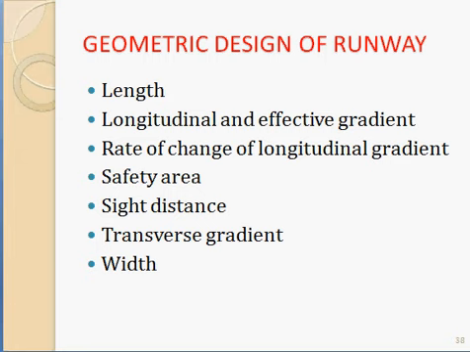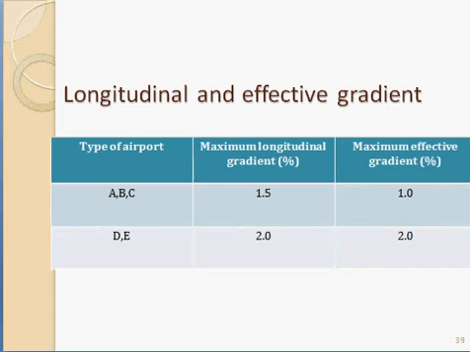Then next is longitudinal and effective gradient. We have already discussed what longitudinal gradient and effective gradient are. As the longitudinal gradient increases, the required length of the runway also increases, and it also affects the performance of the aircraft. The maximum values specified by ICAO are as follows.